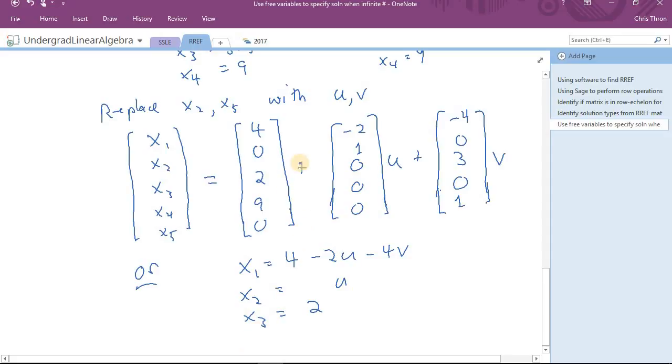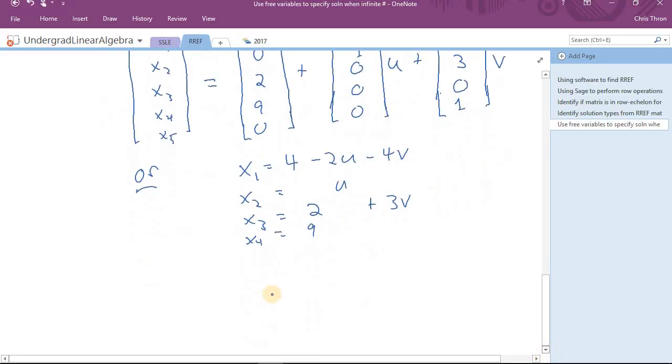And then, 2 plus 3v. And x4 is equal to 9. And then x5 is equal to v. Okay? So now I know how to express the solution of an equation that has free variables.